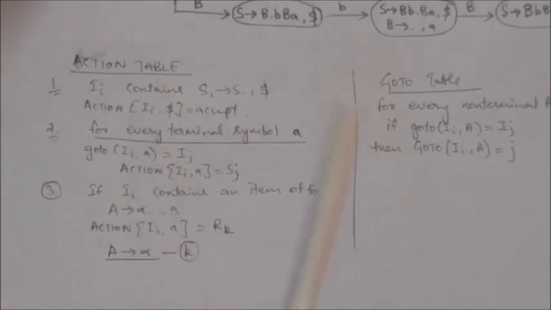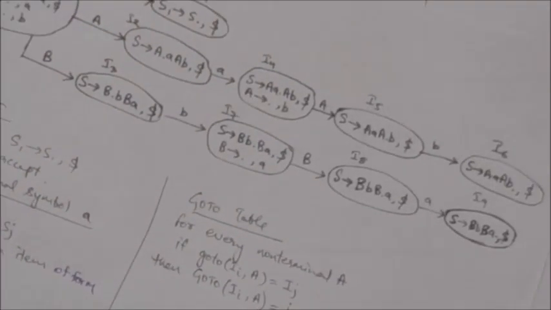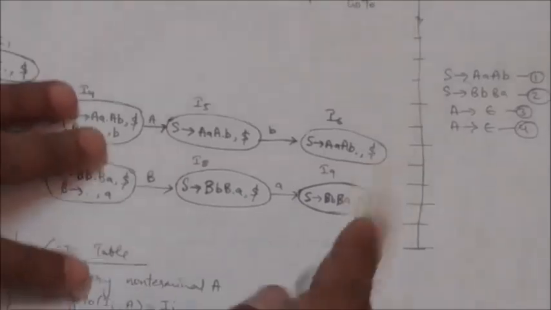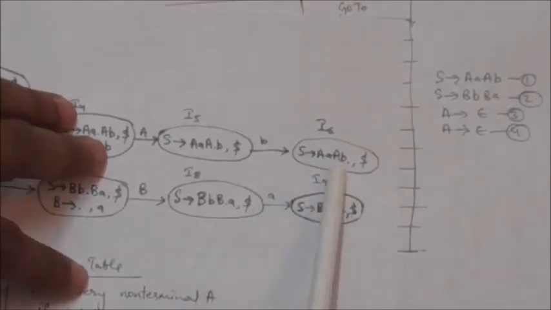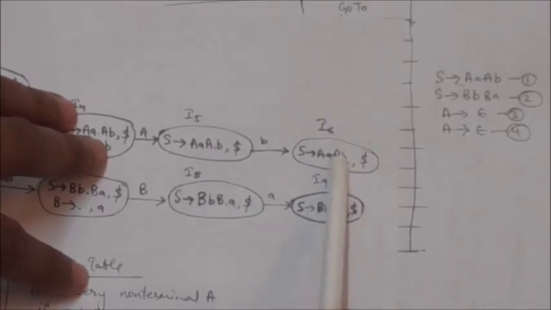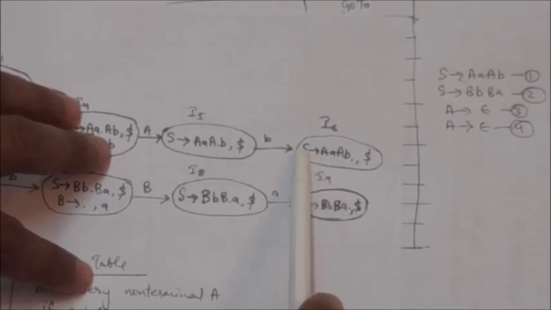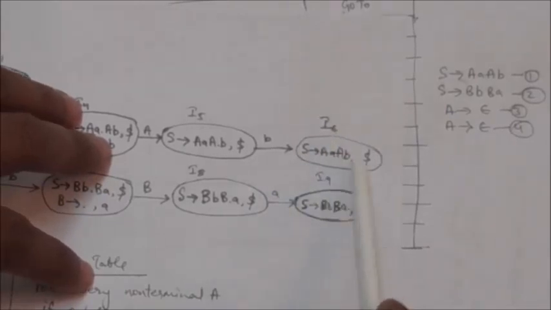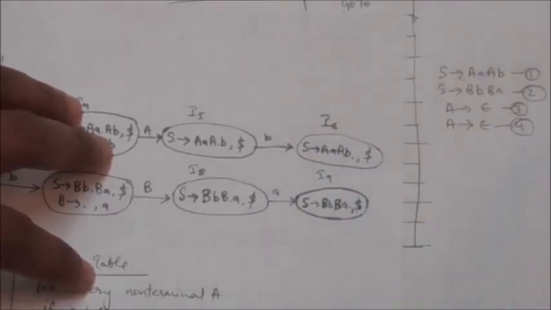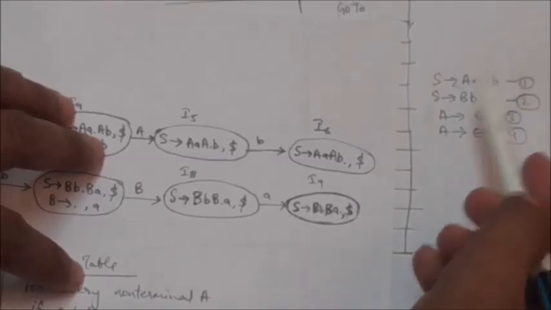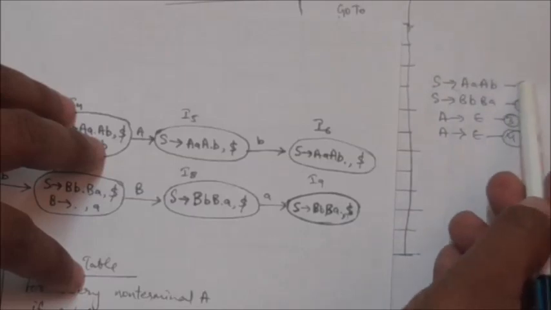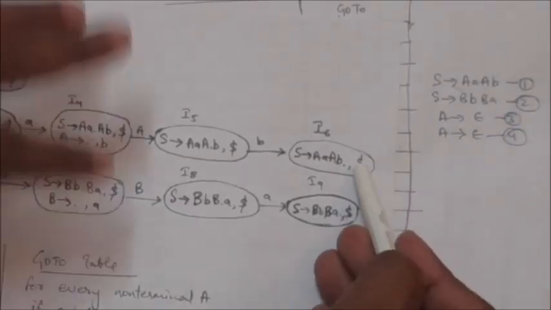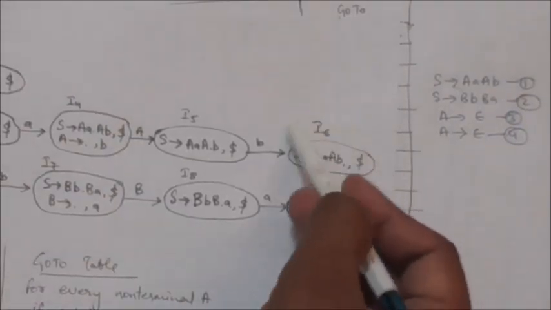It will be clear. Now let us see this state I6. In this state I6, in the item, the dot is at the rightmost position. This item is S derives AAAB. What is the number of this production rule? The number of this production rule is 1, and the lookahead symbol is dollar, and it is in state I6.